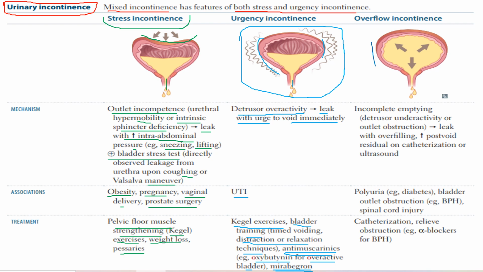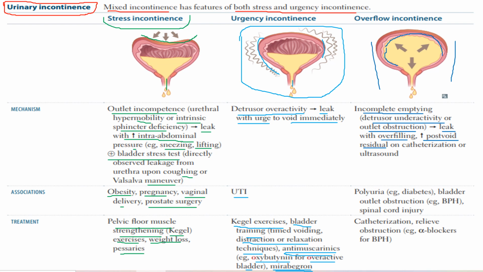As you can see in this image, the bladder is underactive. That's why the detrusor muscles are relaxed and it is unable to empty the bladder. So, incomplete emptying: detrusor muscle underactivity or outlet obstruction leads to leakage with overfilling, which increases post-void residual on catheterization or ultrasound.